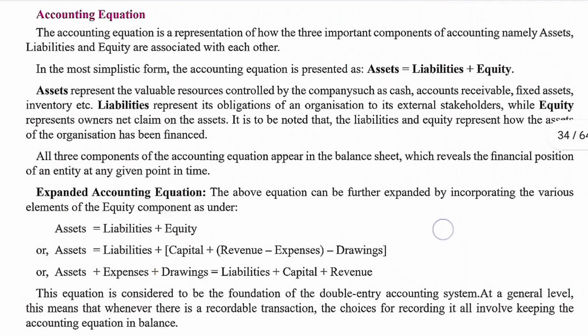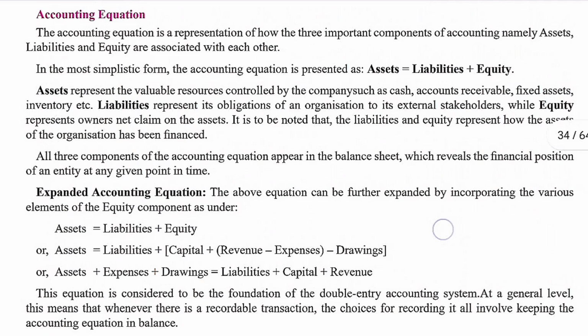Assets are the valuable things the company owns, like cash, inventory and buildings. You all know that. Liabilities are the company's debts and obligations to others. Equity is the owner's share of the company's assets. The equation shows that the company's assets are financed by either liabilities or equity.